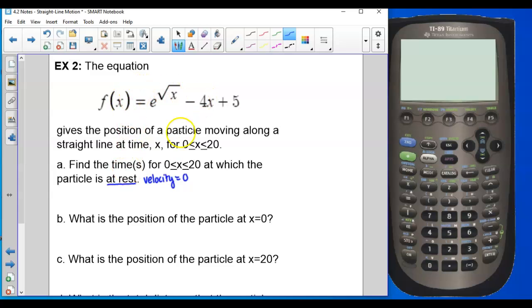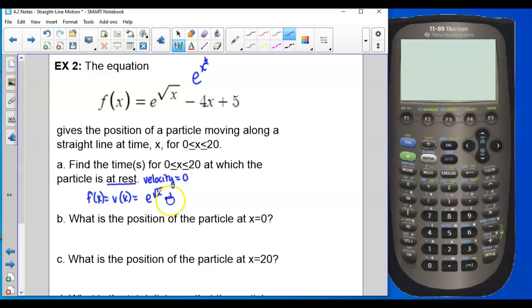So to find the velocity, we need to do a derivative. So f prime of x, or I'm going to call it v of x, is going to be the derivative of an exponential, which is itself, so e to the square root of x. But you have to use a chain rule here because you have to multiply this by the derivative of the square root of x, which, remember, square root of x is like x to the 1/2.